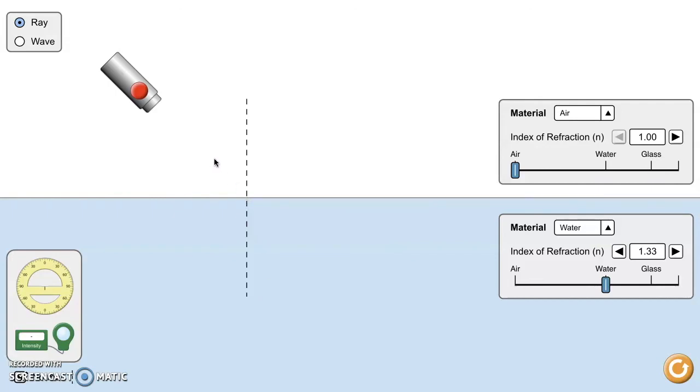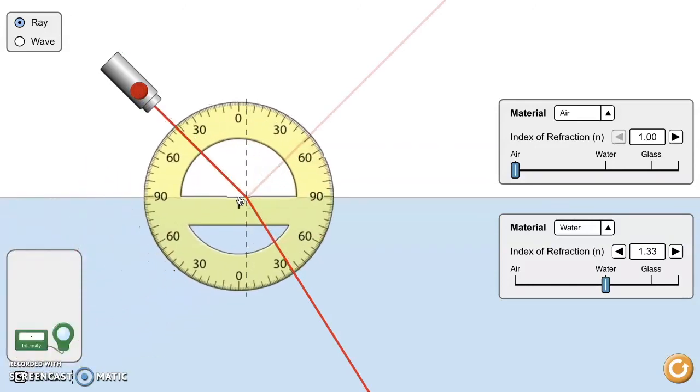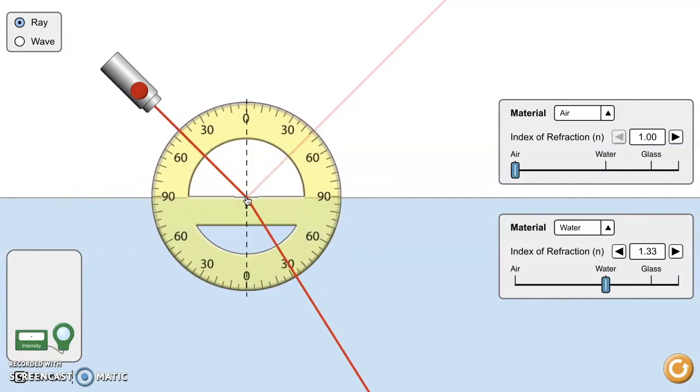The angle should get smaller. So if the angle between the normal and the wave ray is 45 degrees, then that angle over here should get smaller because we're going to a denser medium. Here we go. It's not a lot, but it does. So we can use this tool to measure the angles. So let's just make this 45 degrees, which it is.